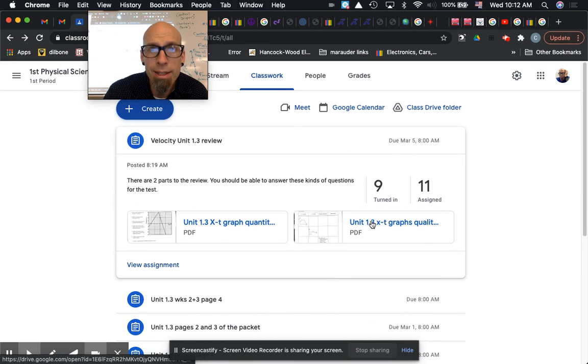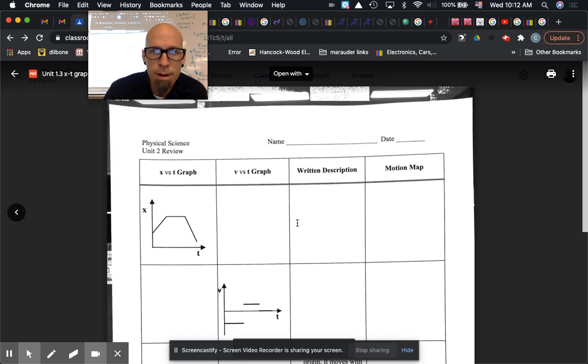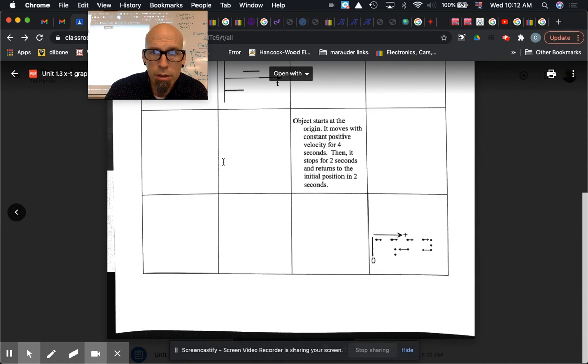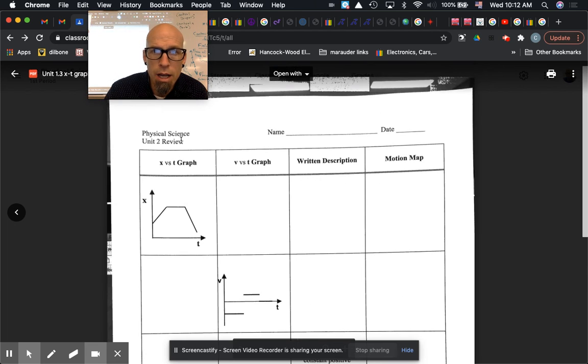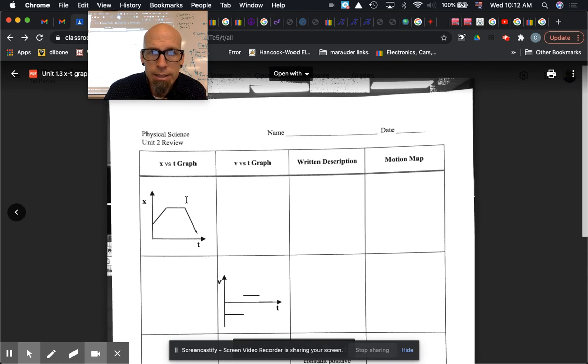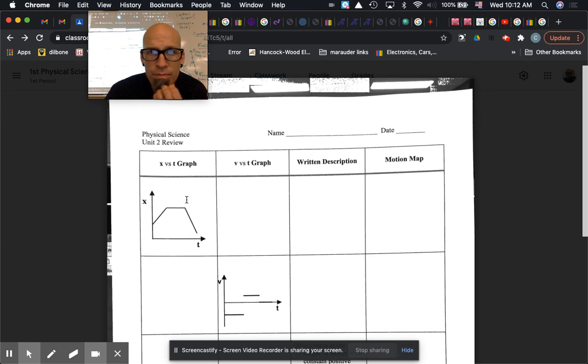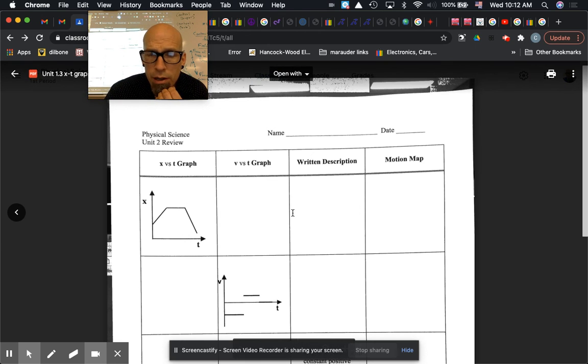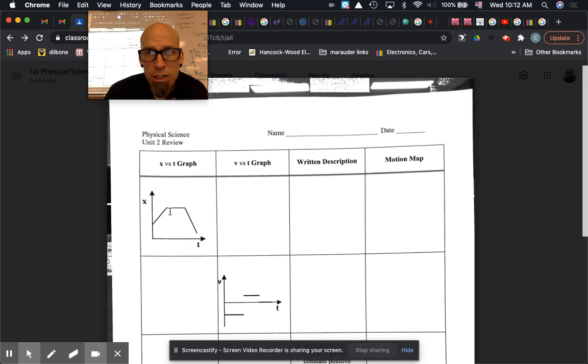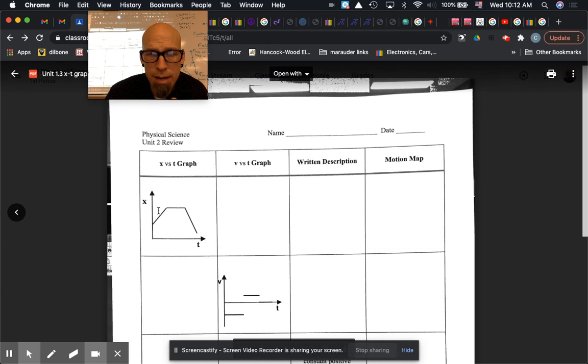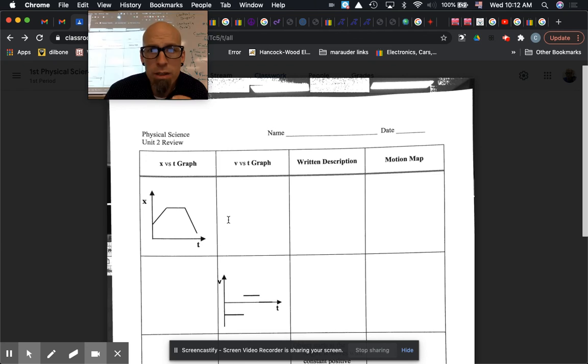Here is the qualitative section where there's no numbers. Now, there's 4 separate rows here. I would say just try to do the top row. For the top row, they've given you a position-time graph. You need to construct what the VT graph looks like, like what we were just doing on page 4 of the last worksheet.